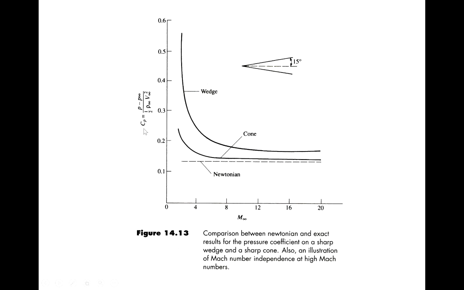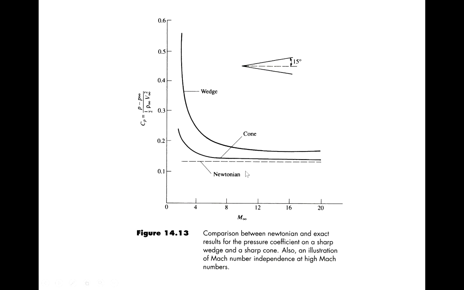If you look at the pressure over the surface behind the shock wave, as the Mach number increases, Newtonian theory gives this answer. 2D wedge theory gives this answer. Our conical flow method that you have done in your homework number 3 gives this answer. Once you assume Newtonian flow theory, these numbers are fairly good.